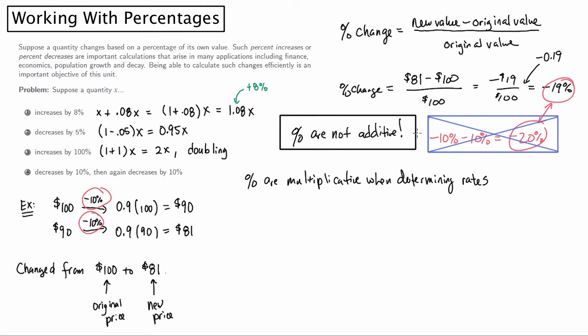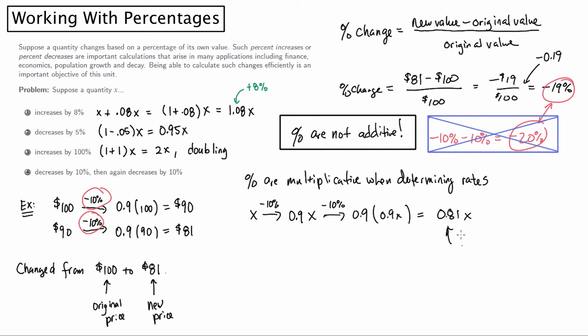So if I was to redo this problem, if you have a quantity x that decreases by 10%, and then it decreases by 10% again, then you would take 0.9 of the 0.9x, which you multiply, you do not add them, and that gives you 0.81x.